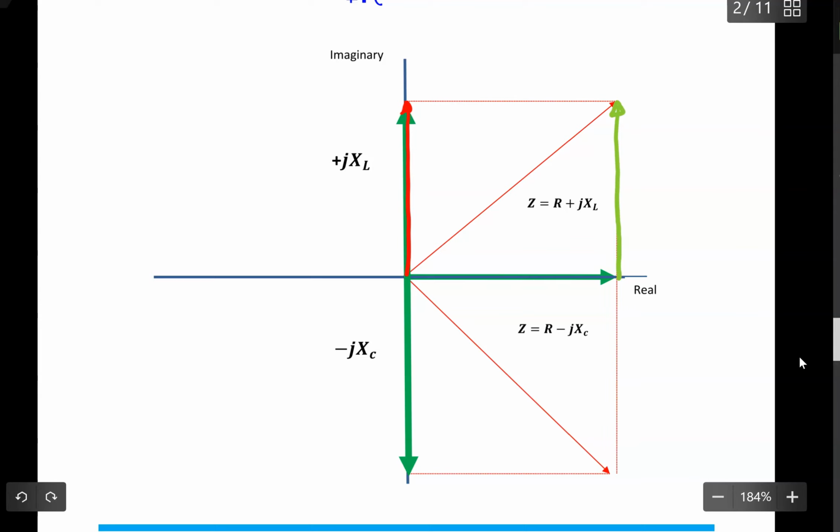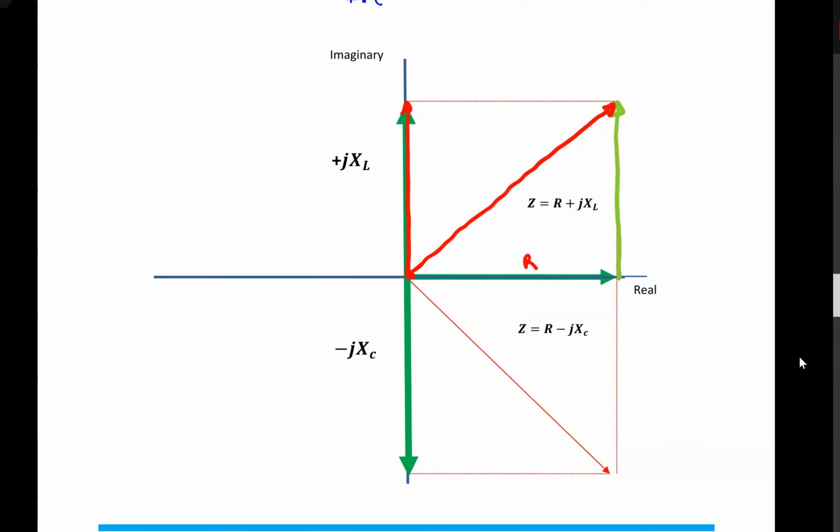So my resultant vector in this case, which is Z, the impedance Z, is represented by connecting the tails of the first to the head of the second, and is equal to the real part adding the JXL.